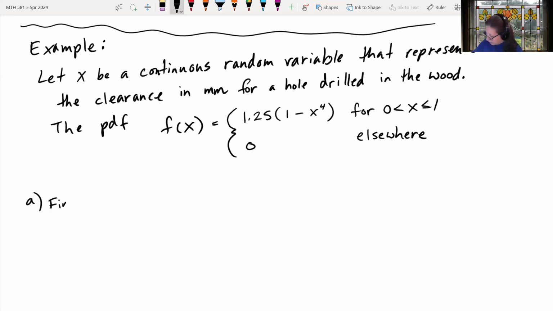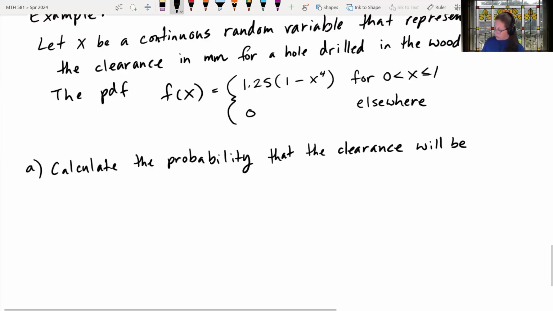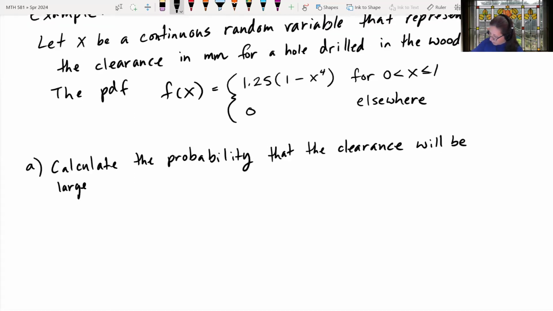We're going to calculate the probability that the clearance will be larger than 0.8 millimeters. Sometimes it'll be in a sentence.